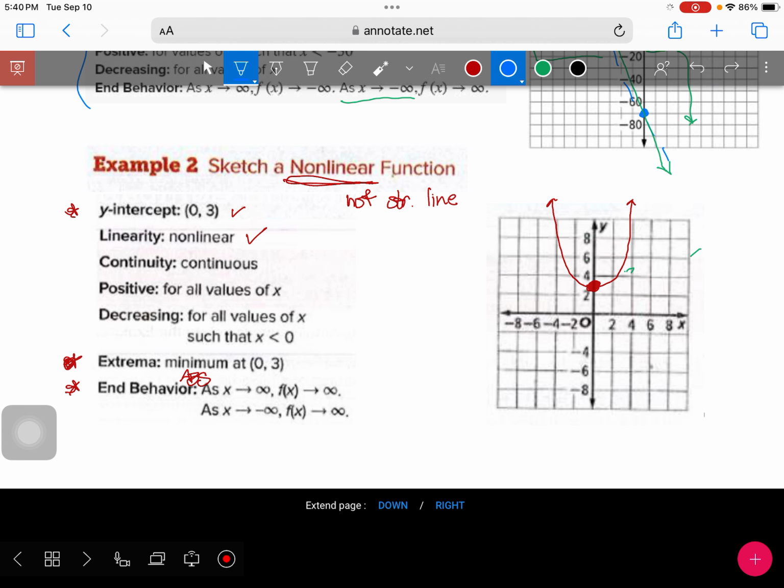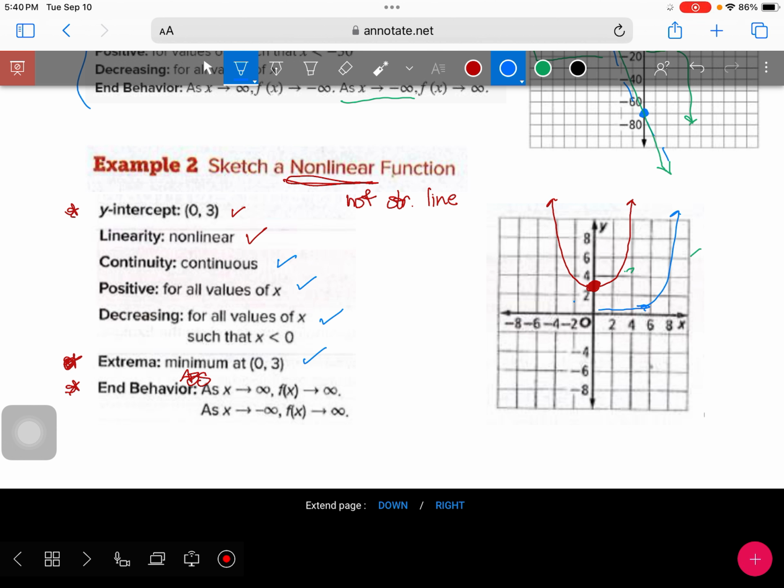Okay. So we already said continuous, positive. We did that. We have a minimum. Let's look at the end behavior. As x approaches infinity, f of x approaches positive infinity. So as x gets bigger, my graph is going up. Yes, that works.